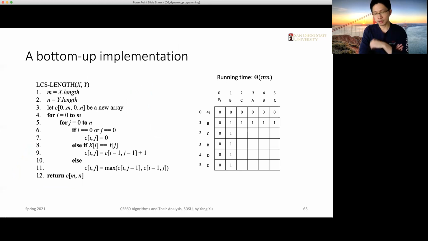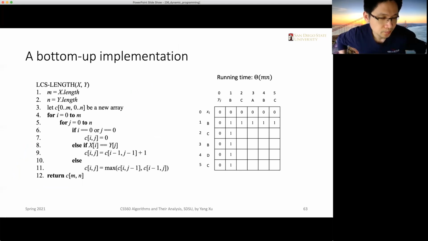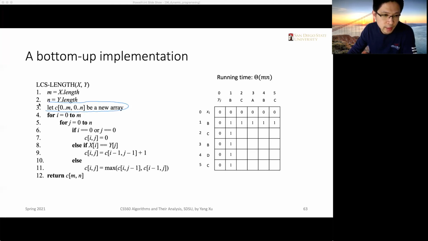Okay, so the algorithm is given like this. We initialize the table to such a memory space that the first two dimensions iterate from 0 to m and 0 to n, okay?